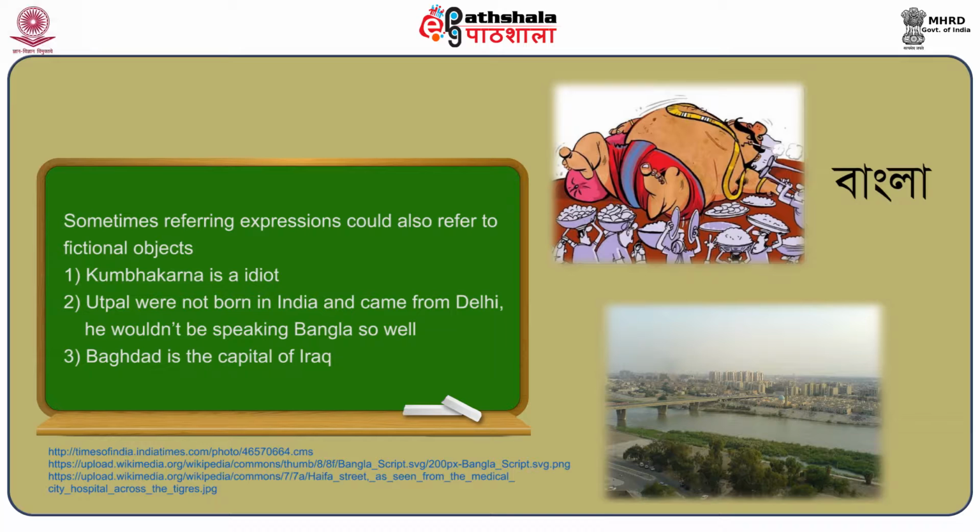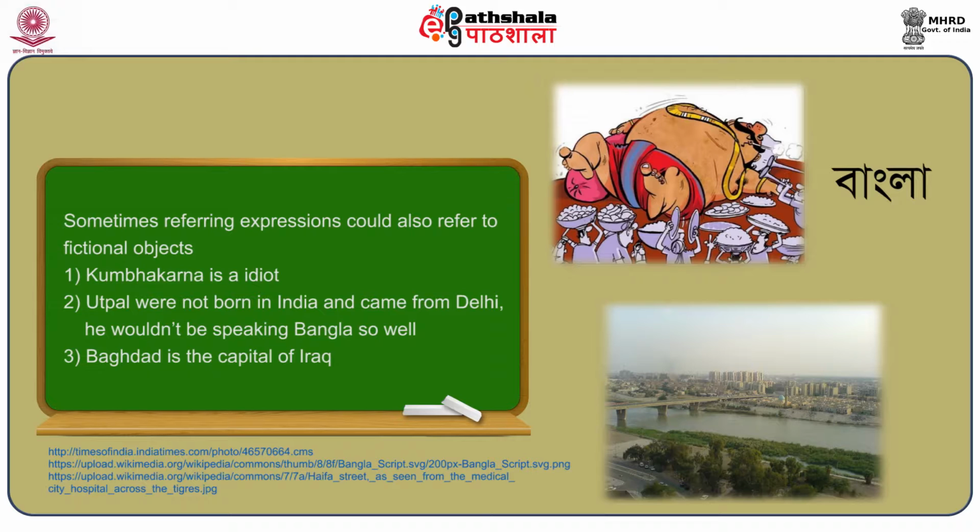We understand what they mean, even though in some sense they don't refer to anything that actually exists. They do have something like a fictional reality. You could take them to refer to something that plays a certain role in fiction.